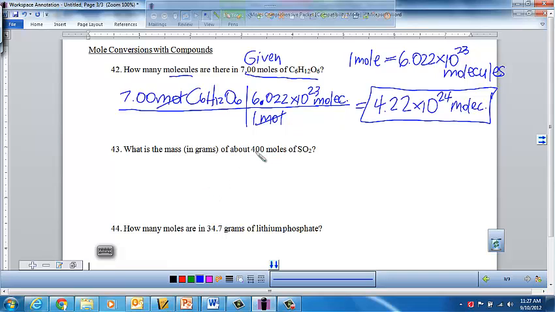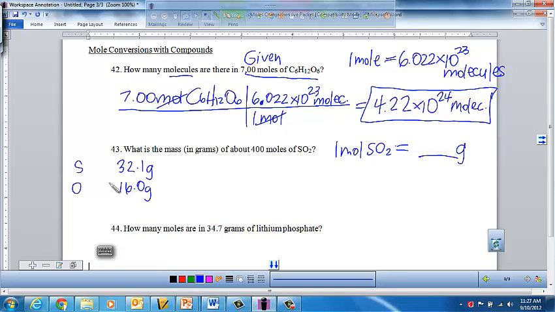Next, the mass in grams of about 400 moles of SO2. 1 mole of SO2 has a mass of so many grams. In order to determine this, I'd have to actually look at the periodic table. So for sulfur and oxygen, sulfur's mass is 32.1 and oxygen is 16.